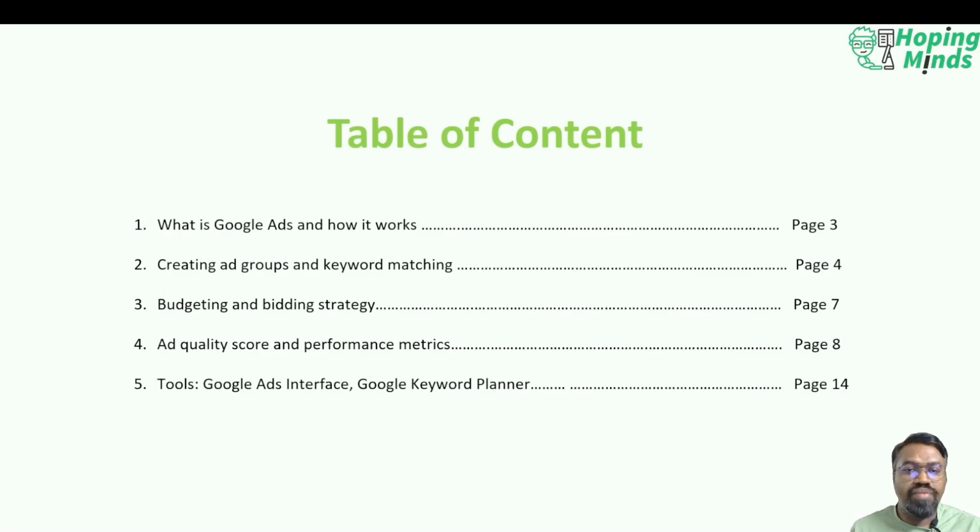Then we will be talking about budgeting and bidding strategy. We will learn about ad quality score and performance metrics. And then we will go through the Google Ads interface, wherein I will show you Google Ads Planner, right? Let's move ahead.